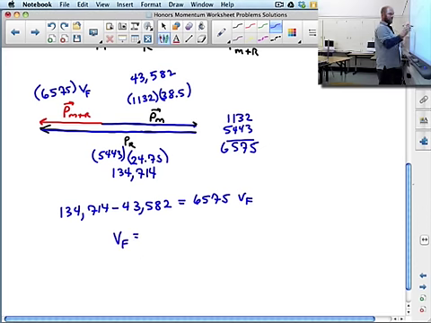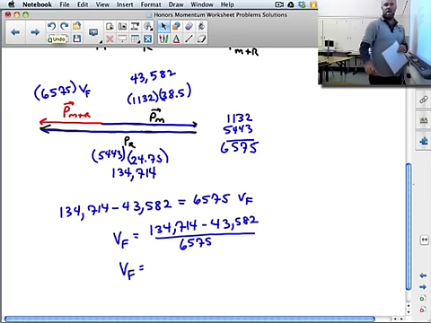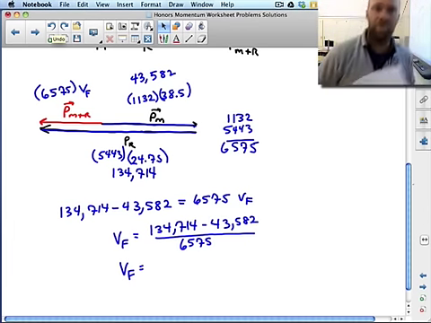And so let's rearrange this and make it look better. V final is going to be 134,714 minus 43,582 divided by 6575. V final equals, and let's see what that is. Okay.